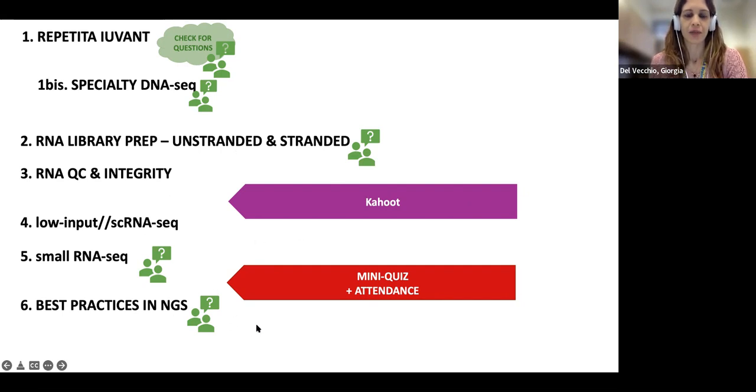And then before ending the day 2 of this workshop, I'm going to share with you a mini quiz Google form, and it's for attendance. So please fill up the quiz and submit the quiz for attendance.